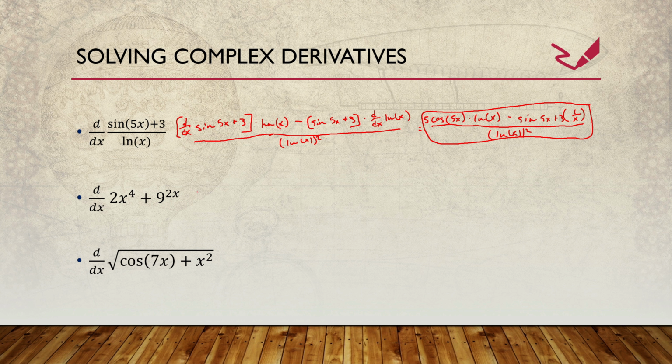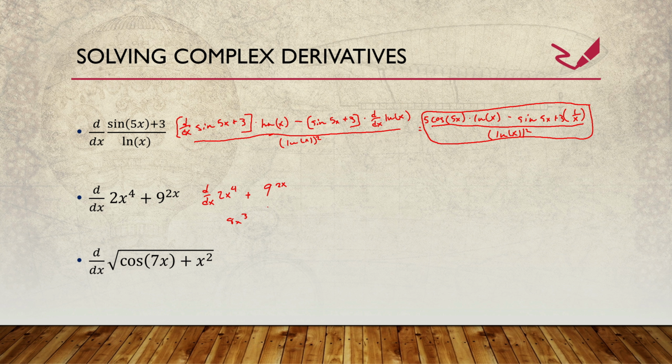So for this, we will have to split up the differentiable. So you would have d/dx of 2x to the power of 4 plus 9 to the power of 2x. And from there, you would find the derivative of the first one, being 8x to the power of 3.